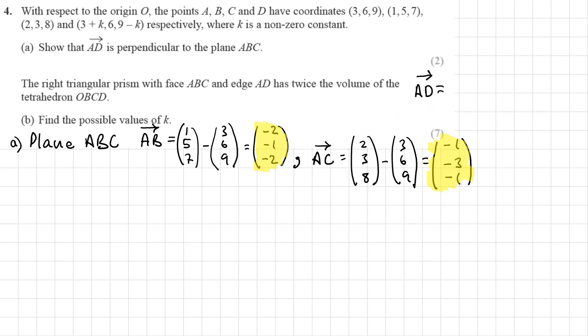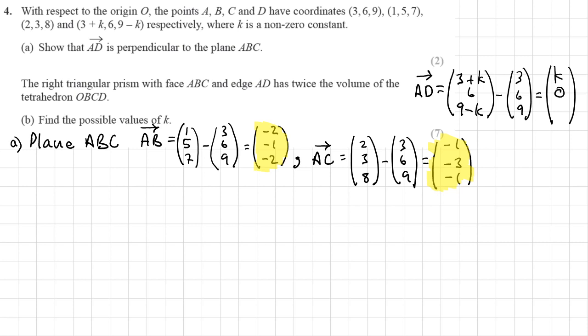So the vector AD, that's going to be (3 plus k, 6, 9 minus k) minus (3, 6, 9). And if I do that, I'll get k, 0, and negative k. So I'm now going to find a cross product of the vectors AB and AC.